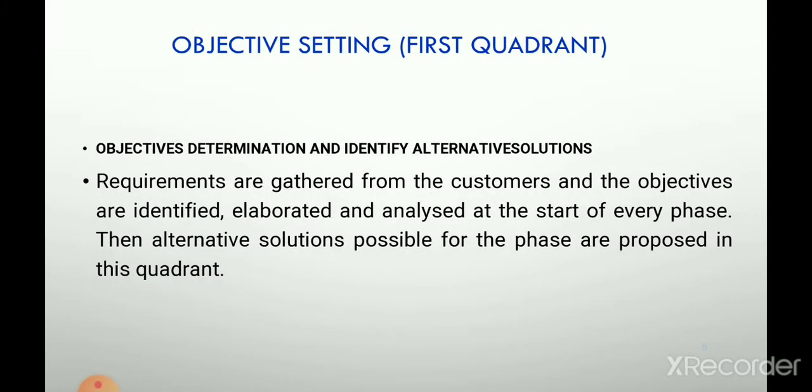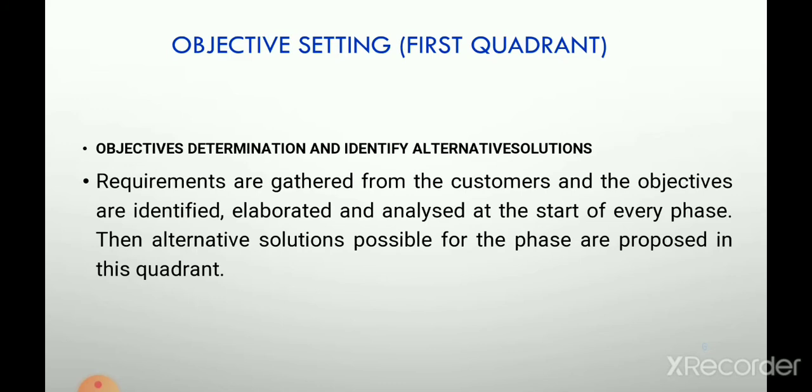Let's discuss all the quadrants in detail. In the first quadrant, the developer determines the objective and does the planning. The main things in the first quadrant: the developer identifies the problem, determines the objective, identifies the alternative solutions, and does all types of planning.